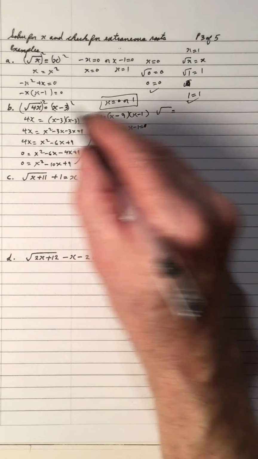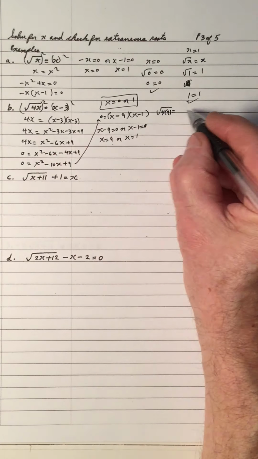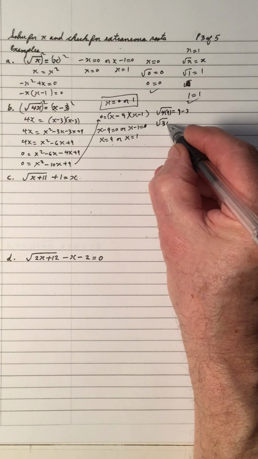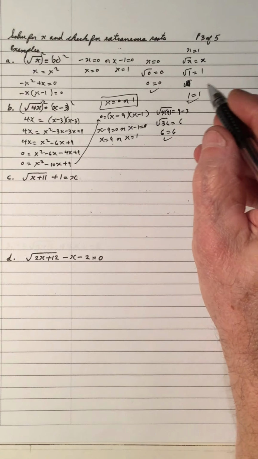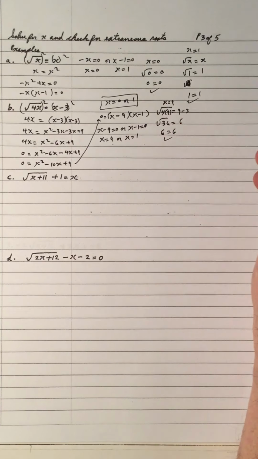So I'm going to put a 9 in. So it's the root of 4 times 9, and it's 9 minus 3. Square root of 36, 6 equals 6. Okay, so x equals 9 is okay.